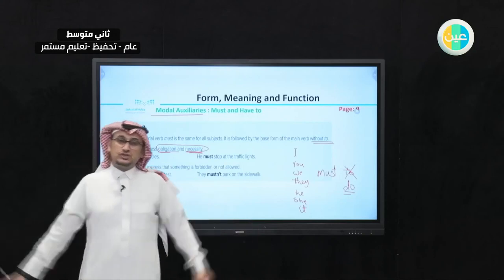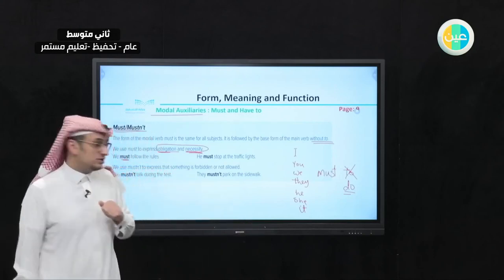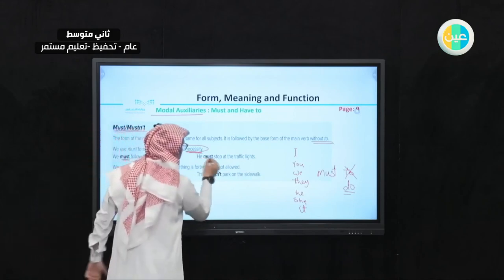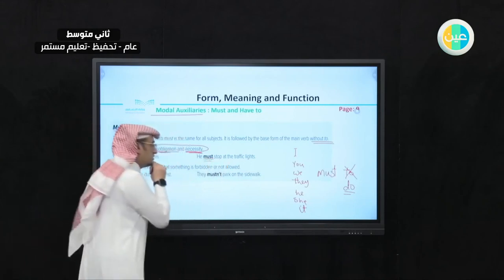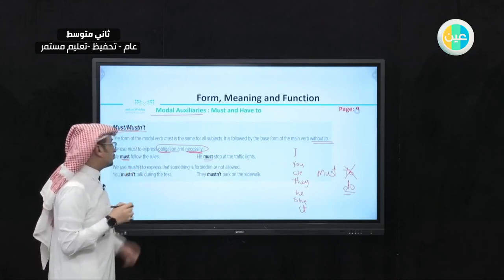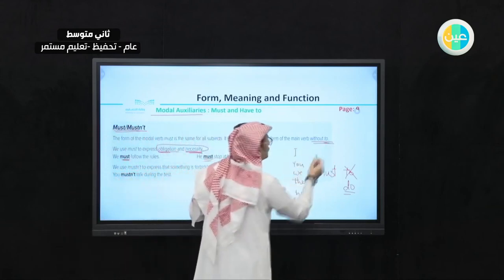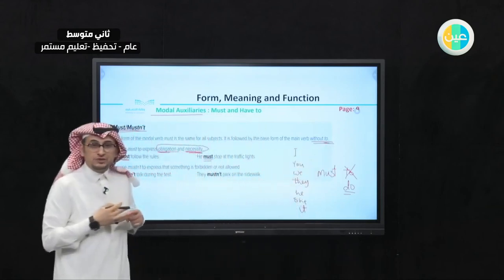No choice. You can't pass the red light, so you must stop. Okay, good. So we agree that must shouldn't be followed by to, and should be followed by the verb in the base form.